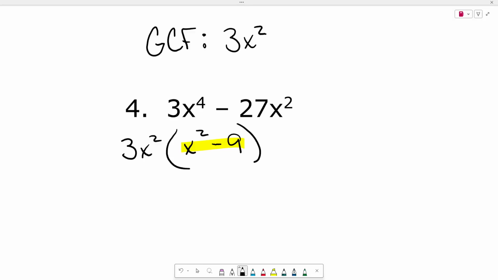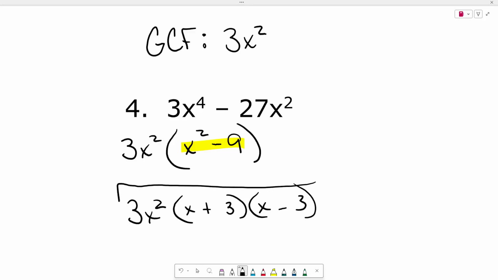So my 3x squared is still chilling out front. We can't just throw it away. It stays there. I put my two sets of parentheses to factor my difference of squares, and I get x and 3, x and 3, put my plus and minus, and now it has been factored completely.